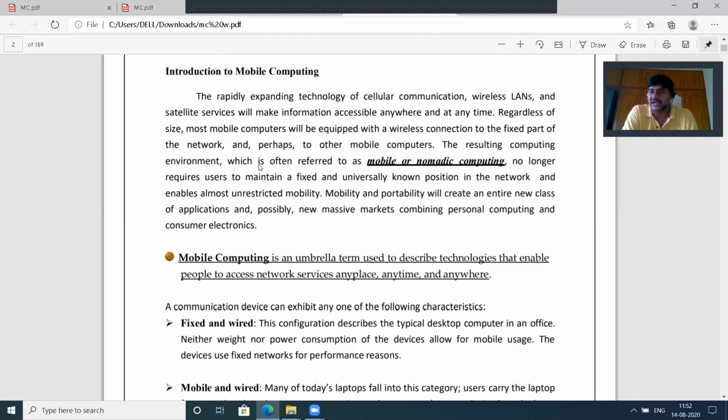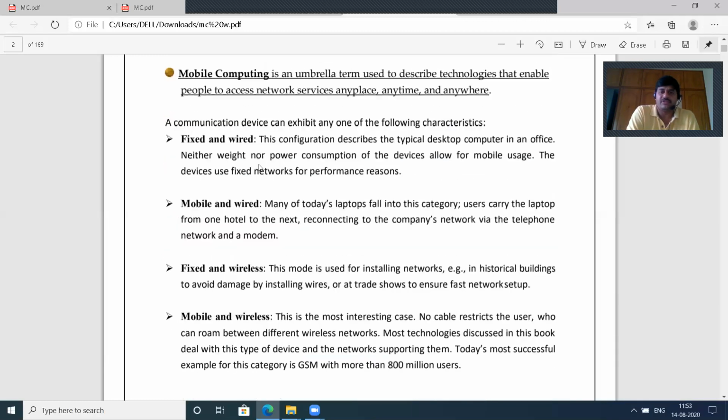When we access the internet, we are accessing network services. We can access these network services from anywhere, any place, anytime. This is the main advantage of mobile computing. Mobile computing can enable end users to access network services from any place, anytime, and anywhere. Okay, and this is the first one.